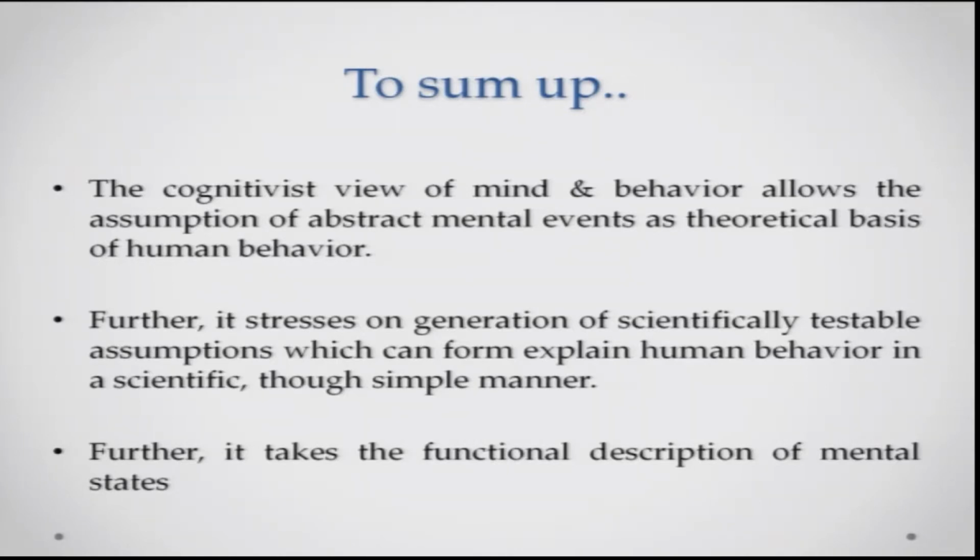Also, this cognitive viewpoint stresses the generation of scientifically testable assumptions. Okay, whichever assumptions you generate should be scientifically testable. That is how it will remain in the framework of cognitive psychology. Okay, and these are basically used to explain human behavior in a simple and testable scientific manner.